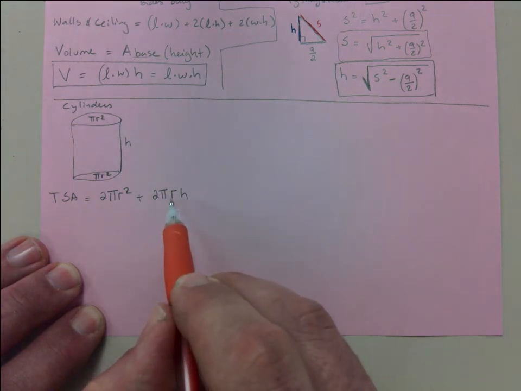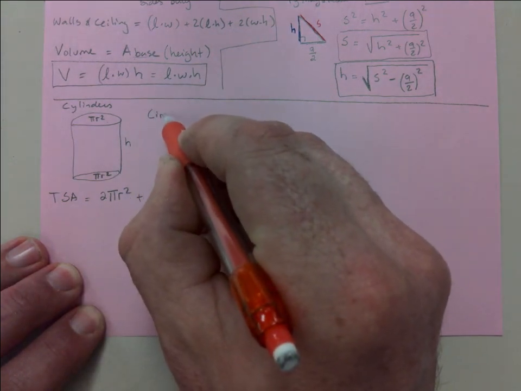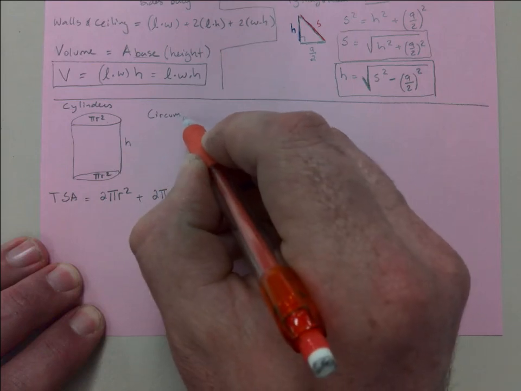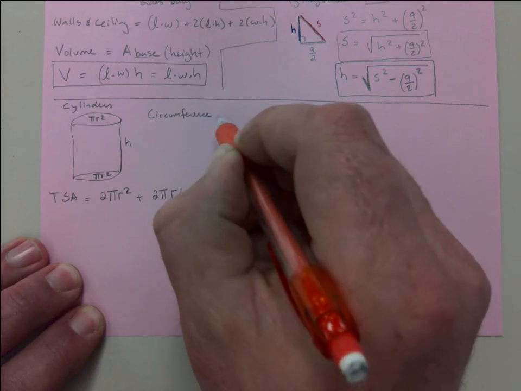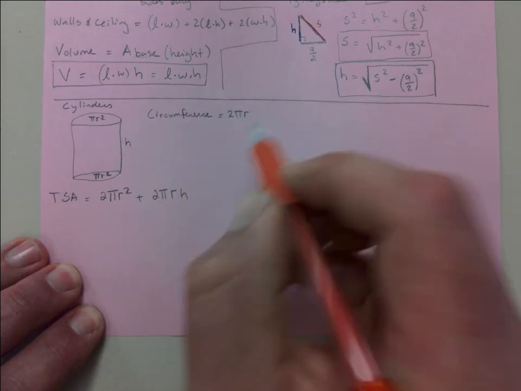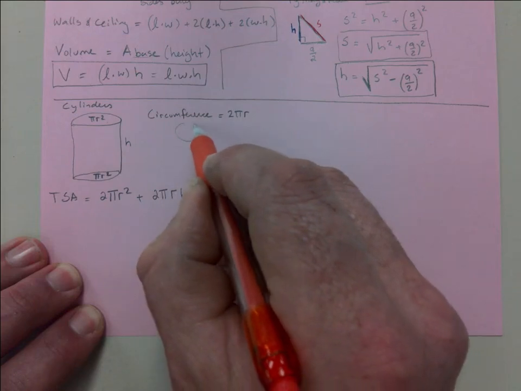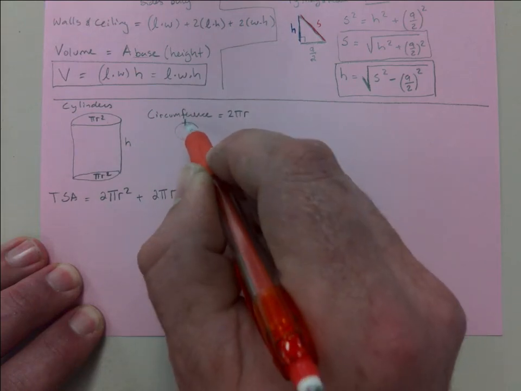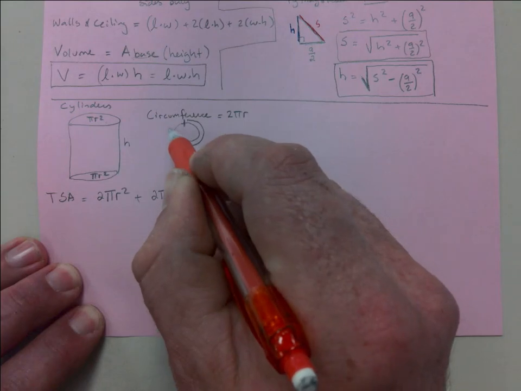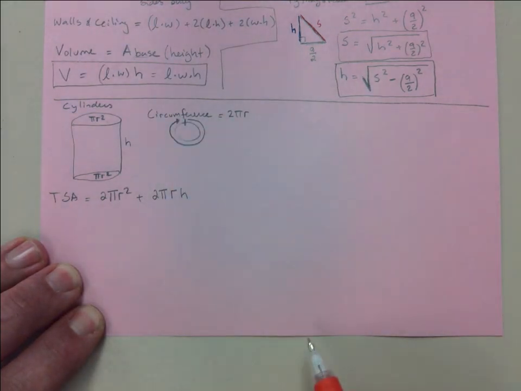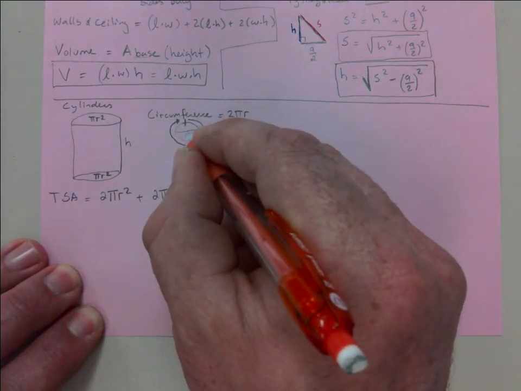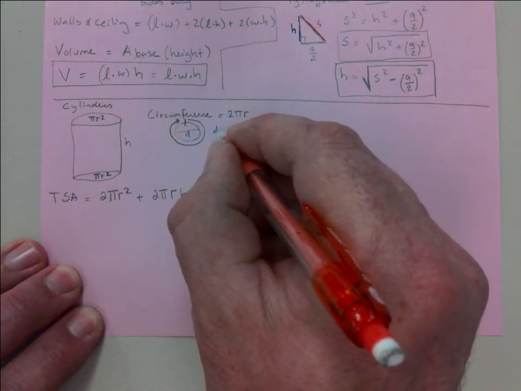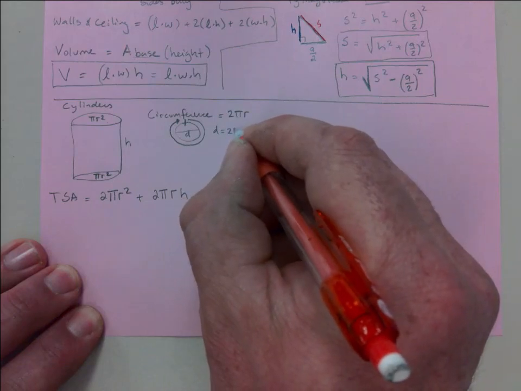If you think about it, the circumference of a circle is 2 pi r. That's the distance around a circle. If you make a mark and you measure the distance around, that is circumference. I guess I should say that right across is diameter. Diameter is 2r.